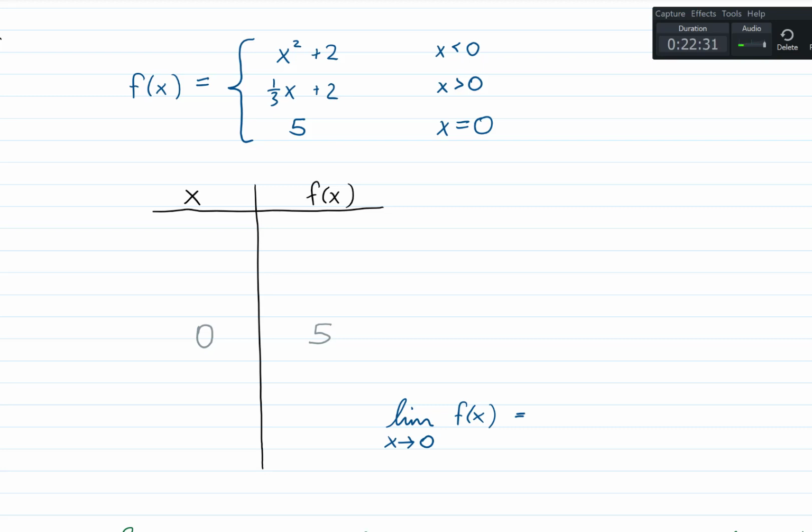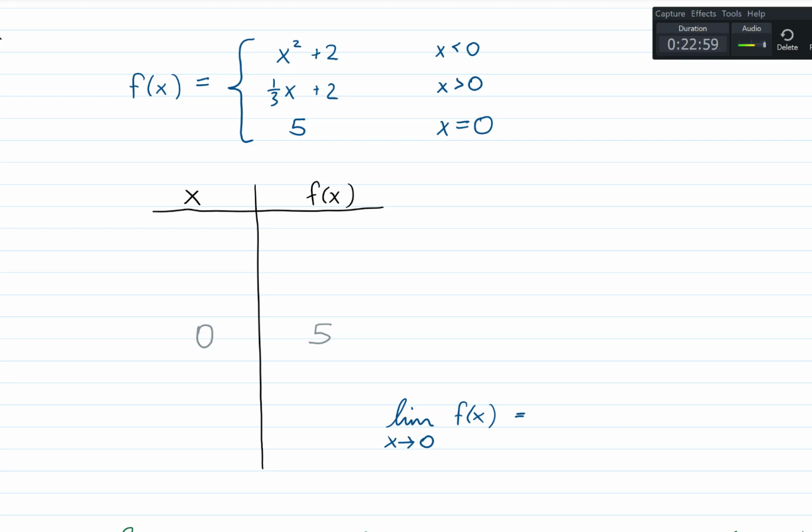Okay, now let's put down x values that are getting closer and closer to 0, and let's go from both sides, from the positive side and the negative side. Okay, so how about if we do this? I'll just do 3 numbers that are negative that are getting progressively closer to 0.